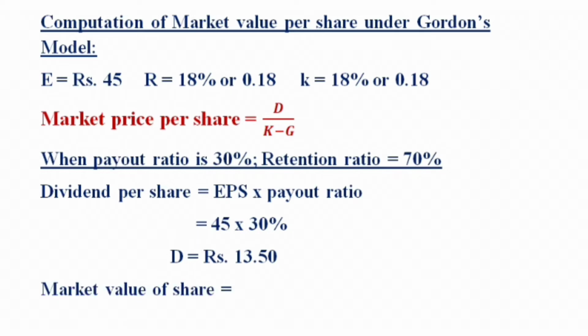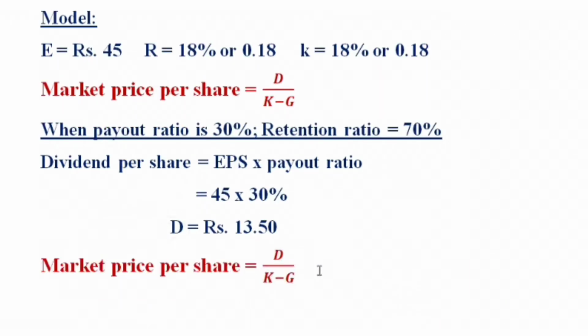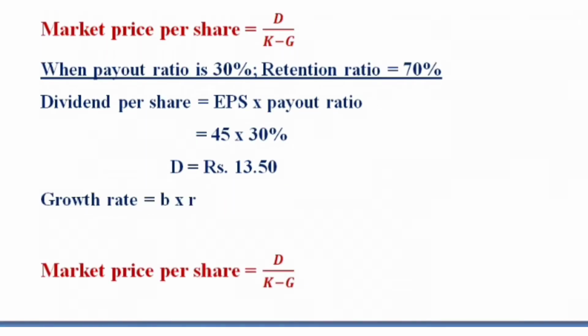Now we have found the dividend per share. The formula for market value of share is D divided by K minus G. Before that we have to find out the growth rate, and only then can we find the market value per share. How do you find the growth rate?